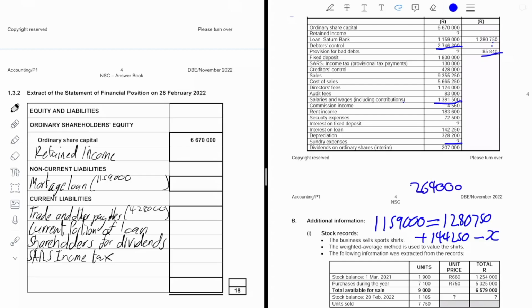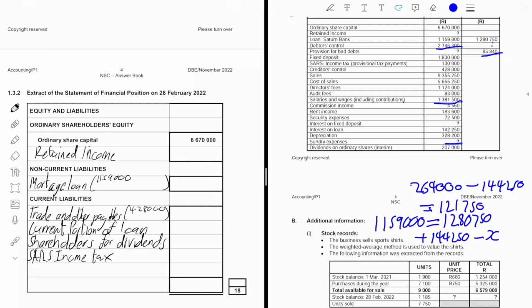If you solve for x in this equation, you'll get 264,000. But remember, this 264,000 is including the interest paid. So in order to get my capital portion, I'll need to subtract out the interest, so minus 144,250. And then that will give me 121,750.